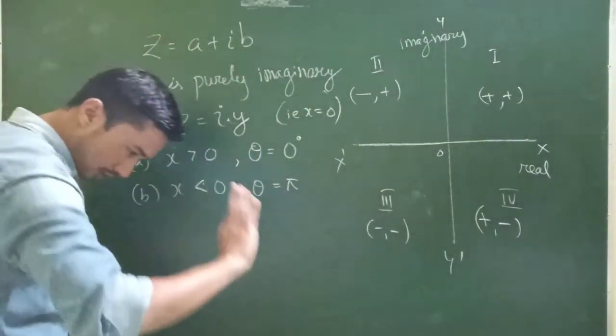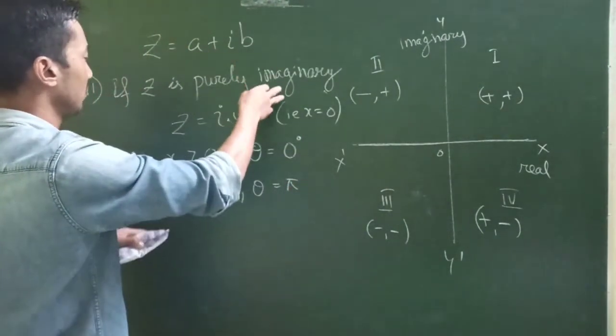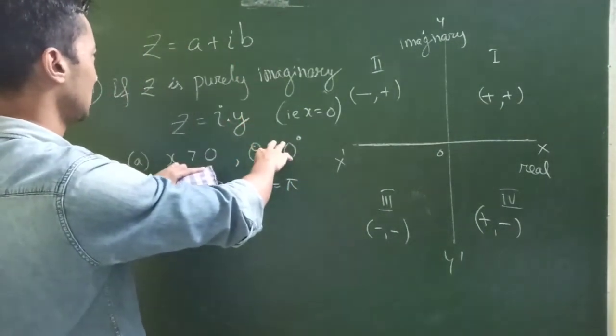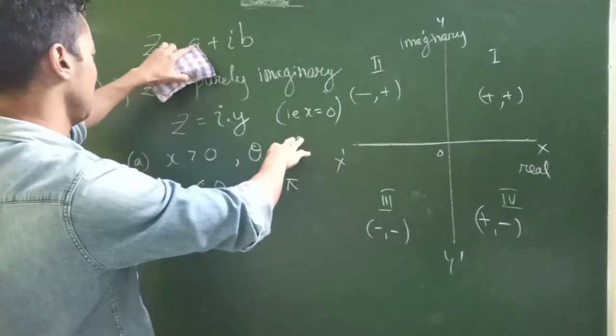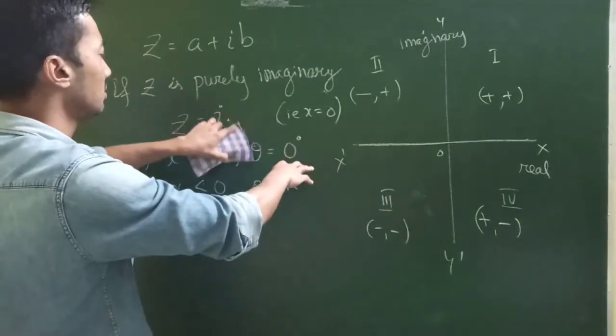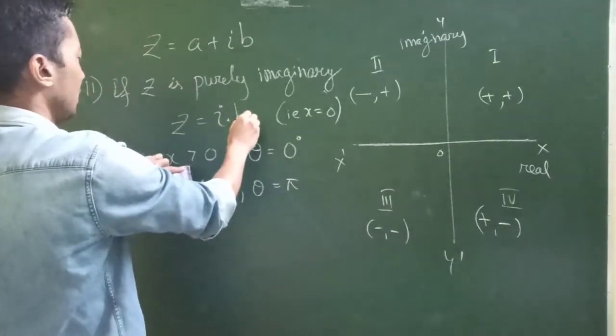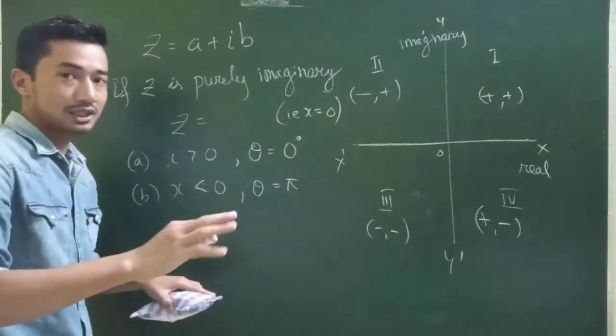Sorry, very sorry. I used different parameters, you know, A, B and all. So I'll just use the same letters we were using. For the first case, I just used different letters.